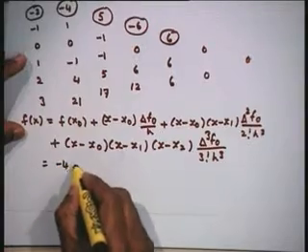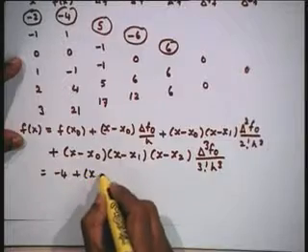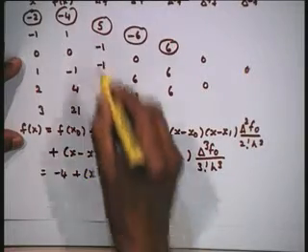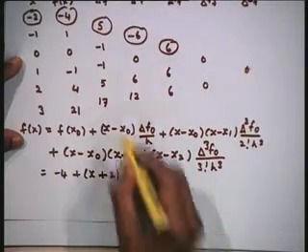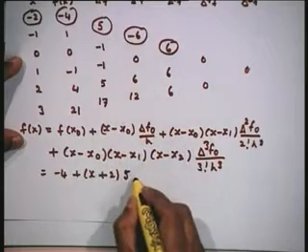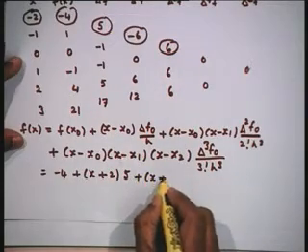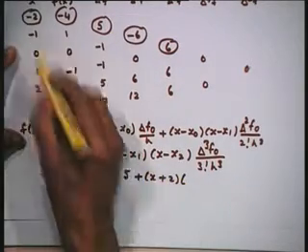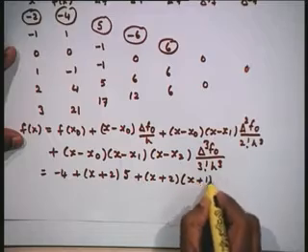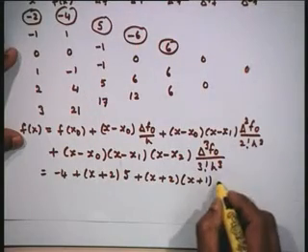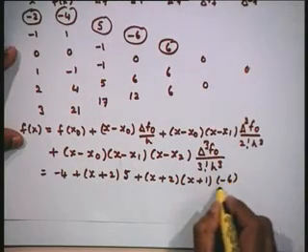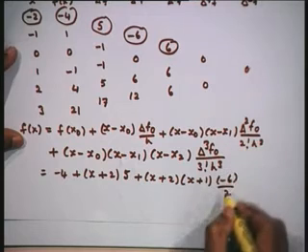Therefore, we have here f of x naught is minus 4, x minus of this, plus 2, that is 5, h is 1. So, this is simply 5, x plus 2, again x plus 1, the second difference is minus 6 by factorial 2, so I will write down 2.